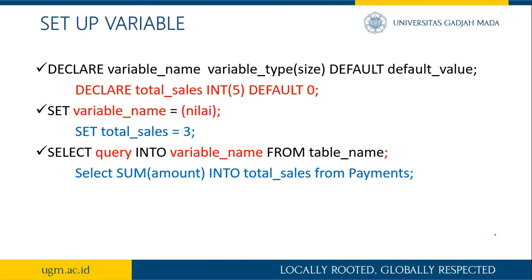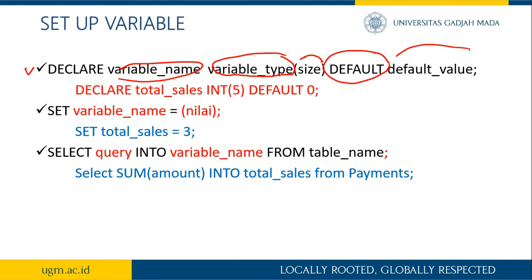Next, we can also set up variables inside the procedures. There are several ways to set up variables. The first one is to declare the variable first, using the declare keyword, followed by the variable name, then the variable type as well as the size and the default, which means it will give a default value for your variable, followed by the desired value.